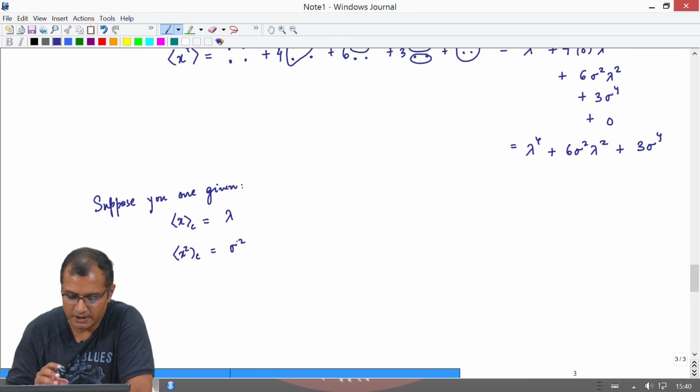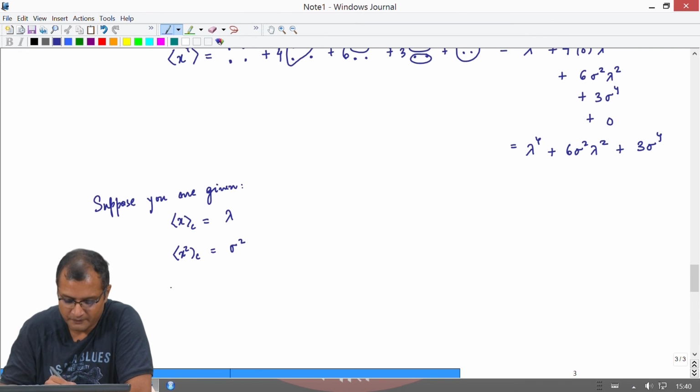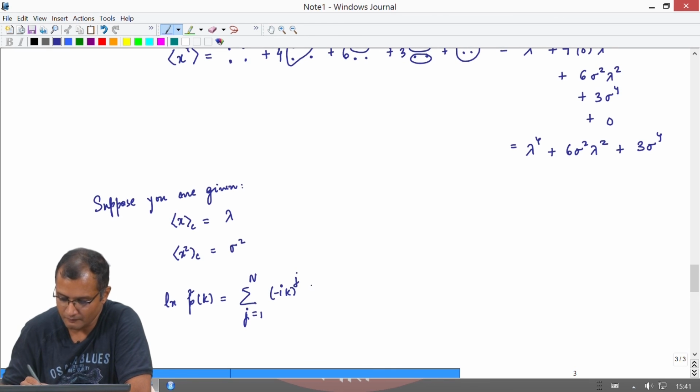Well, you know that the cumulant generating function is an expansion in powers of minus i k. Now, in this expansion there are only the first two terms, all the other terms are 0.